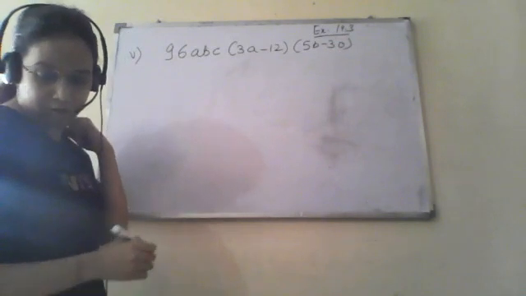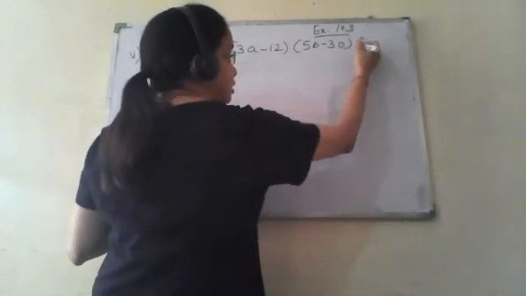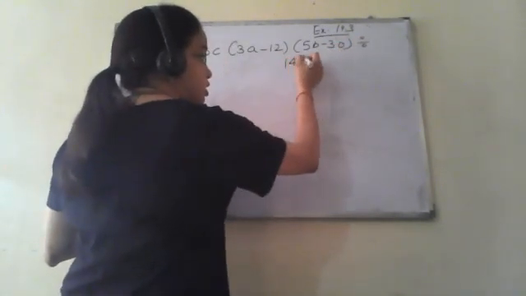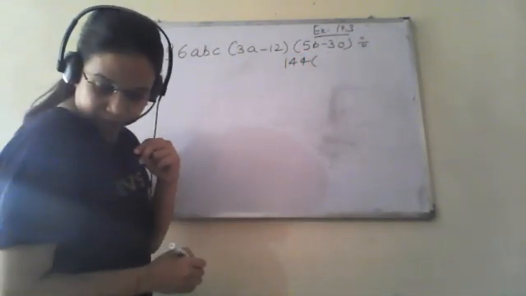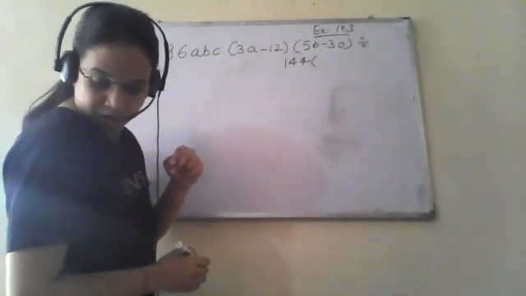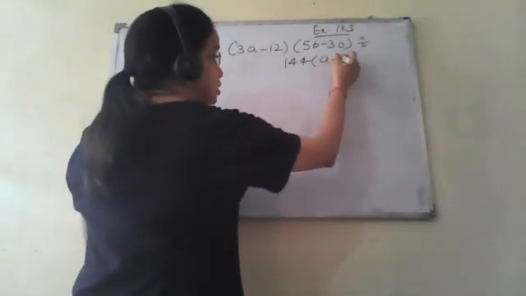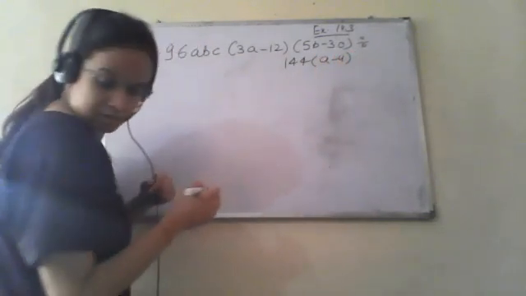It is divided by the divisor 144 into a minus 4 and b minus 6.